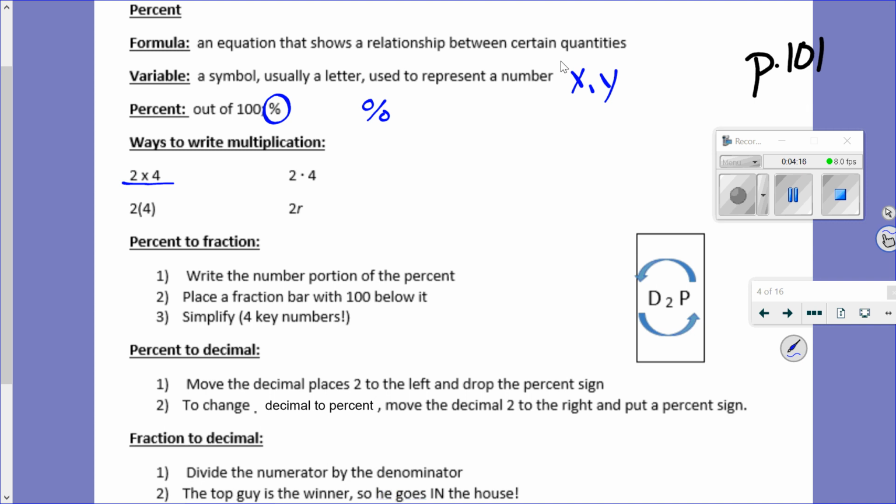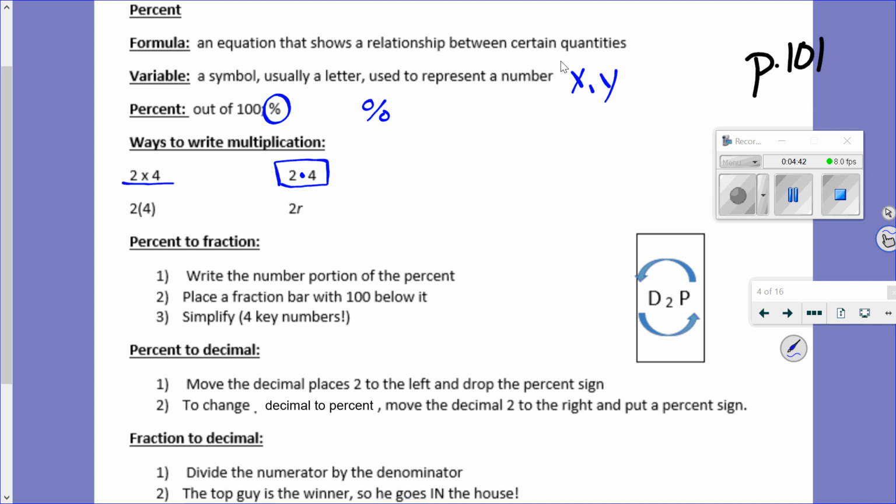So in order to avoid confusion, we're going to move to the more advanced way for writing multiplication, which is using a raised dot in between the two numbers. Really important word there, a raised dot. Make sure it's not so low that it looks like a decimal. Okay? It is up in between the numbers. This right now is our preferred way for you to write multiplication.